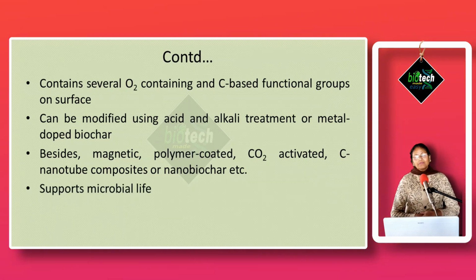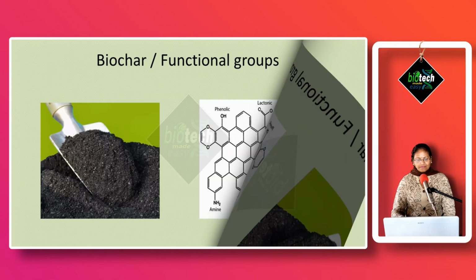It also supports microbial life, because the presence of pores makes a large surface area where microorganisms can grow, just like a biofilm. So biochar supports the growth of microorganisms.